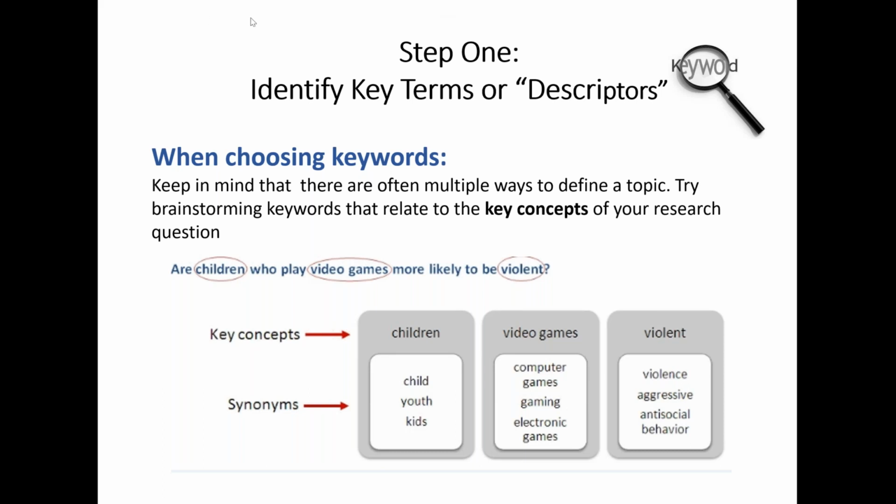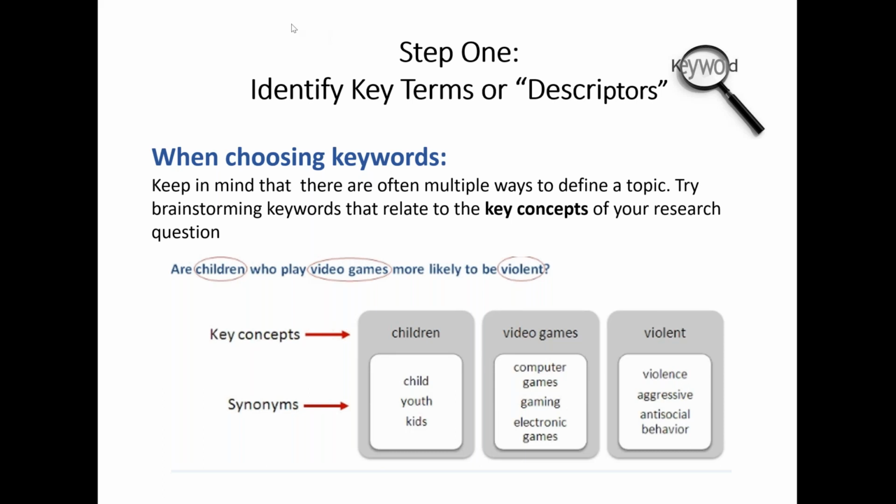It could be that you're not using quite the right combination of keywords. So I find it really helpful to start by identifying the key terms from your research question, and then brainstorming any related terms or synonyms.